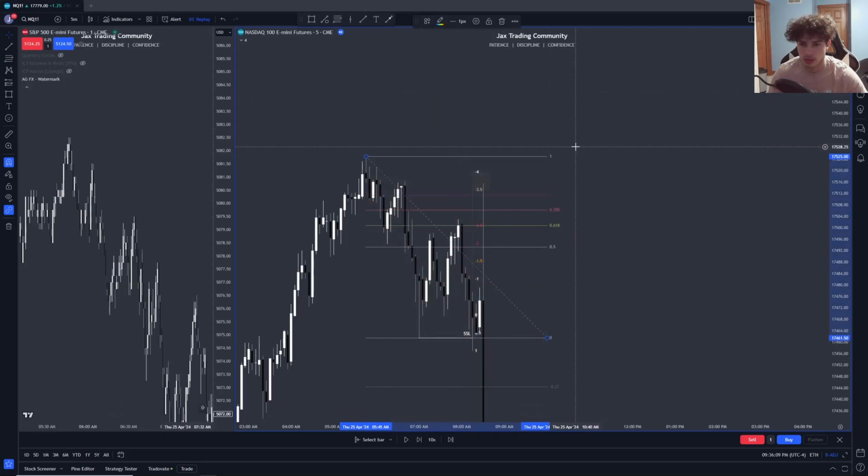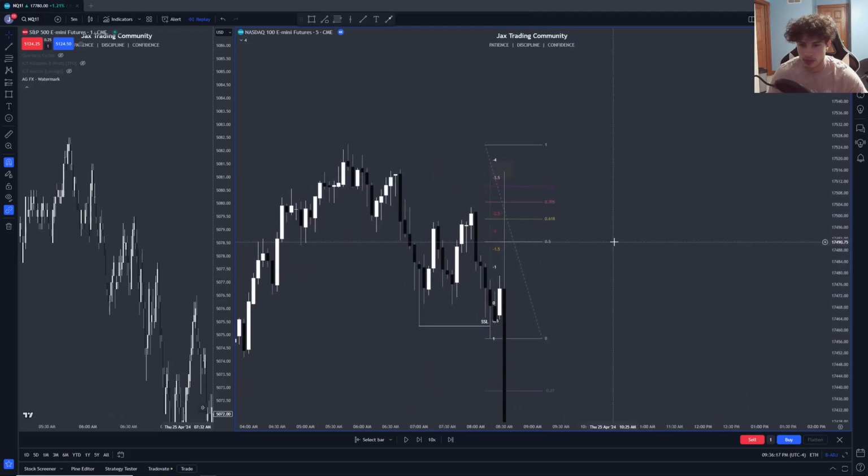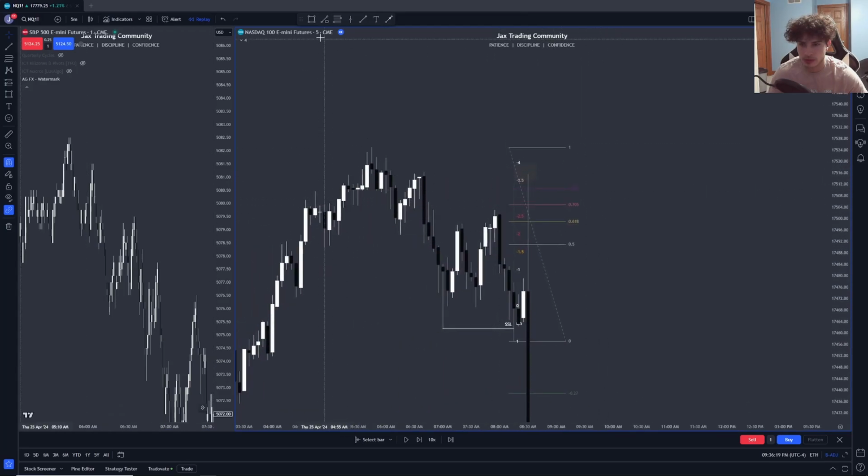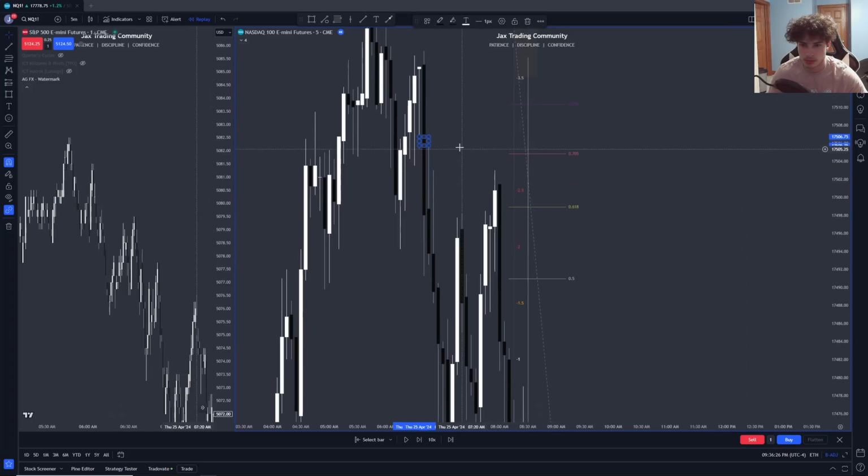So if I draw out OTE from the top of this high to this low right here, you can see we have this fair value gap that is aligned with OTE. I'm going to draw this out.